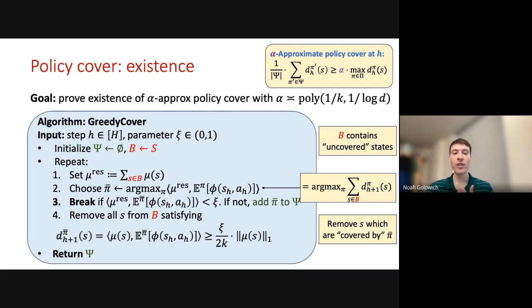The fact that this procedure terminates is a consequence of the boundedness of the sum of the L1 norms of the feature vectors mu(s). In particular, at each step where we don't terminate, we cover a set of states in proportion to the sum of the L1 norms of this set of states. The boundedness of the L1 norms makes sure that this will not go on forever.